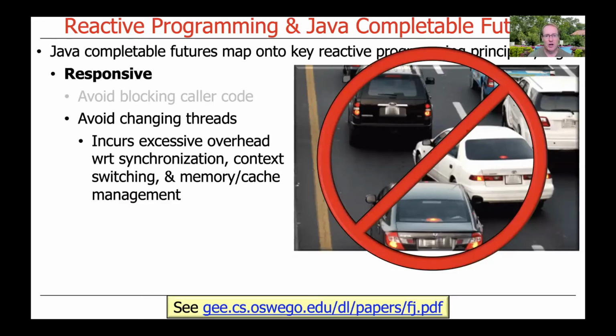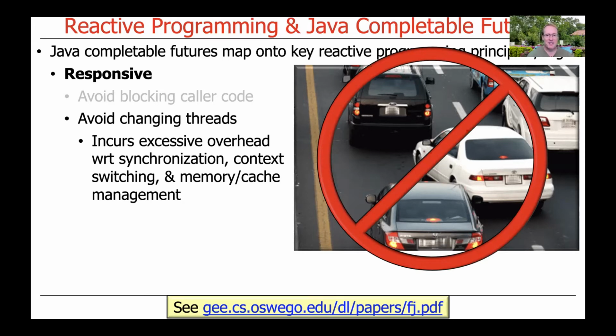Another way to make your code more responsive is to avoid changing threads unnecessarily. The issue here is that while using lots of threads can be good, it also has a downside. The downside is that if you are not careful and you move computations between threads too frequently, you can end up incurring additional overhead from things like synchronization, context switching, memory management, and cache management.